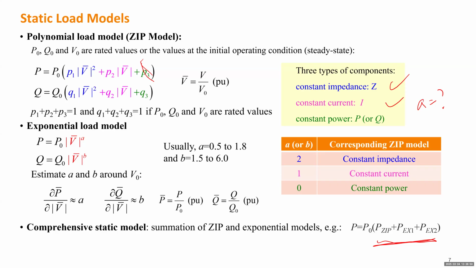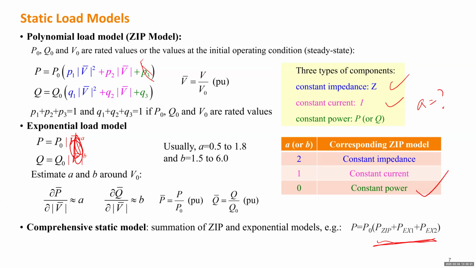So if you make A and B both 0, which is equivalent to getting rid of those exponential functions, P will be constantly P0 and Q will be constantly Q0. That's the load model we usually adopt in power flow analysis, right? For each load bus, we treat it as constant P and constant Q. That's why we call it a PQ bus, which is equivalent to a constant power load.